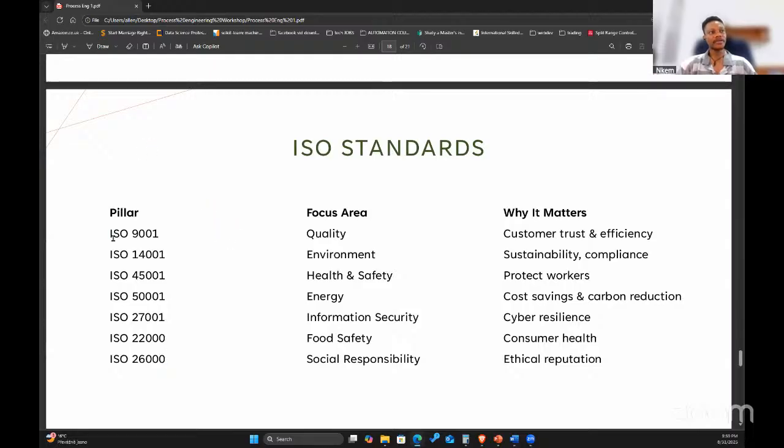So what it means is that they are certified for quality, and that means they have customer trust and efficiency. Their customers trust them. So they have a good customer relationship because they provide quality. They're not going to disappoint their customers in whatever product they provide. Okay. And now you have ISO 14001.